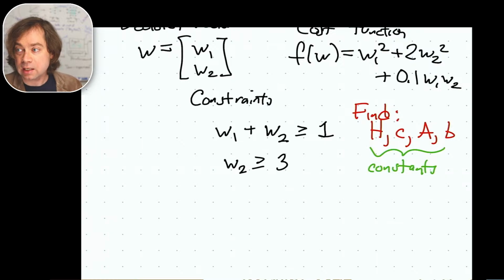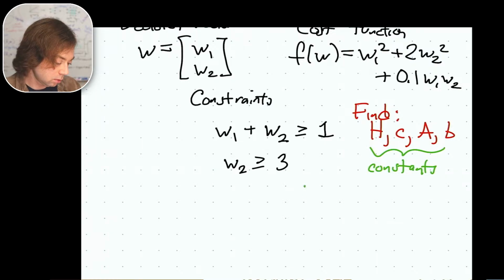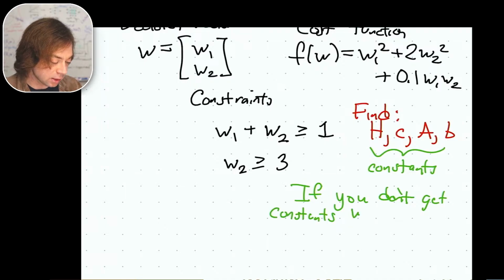If you don't get constants with respect to the decision variables, it's not a QP.